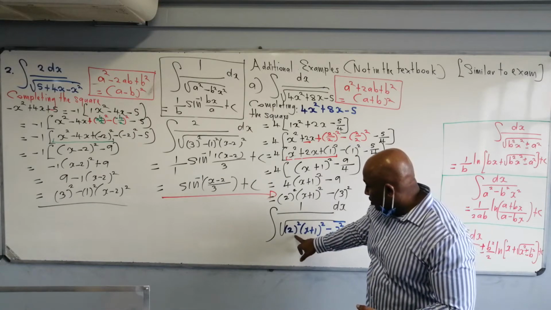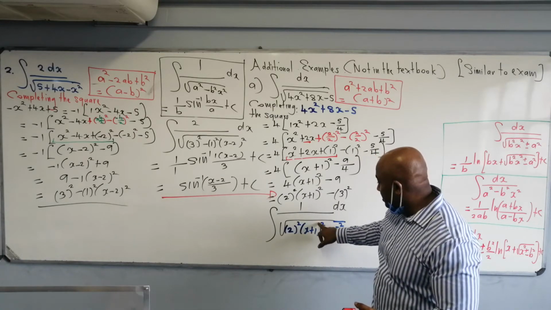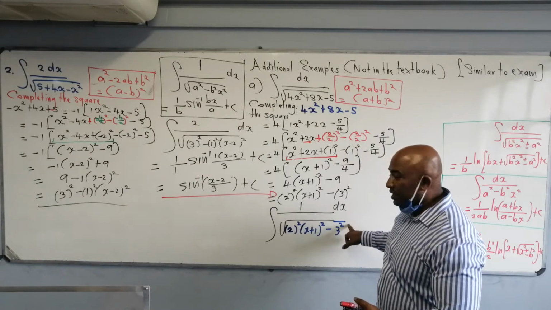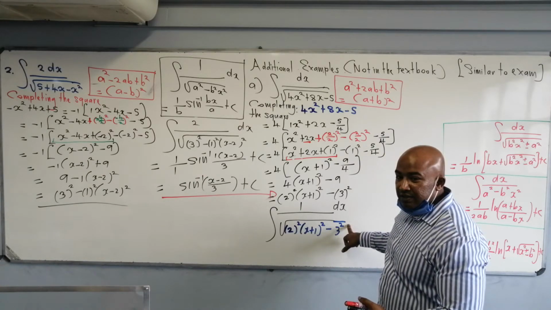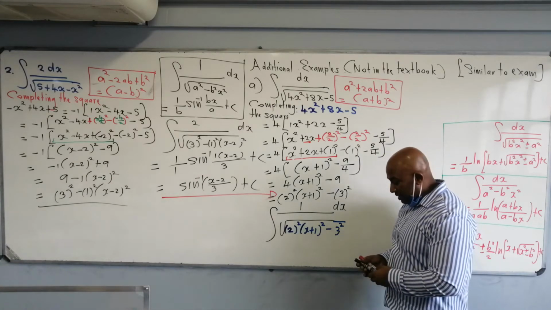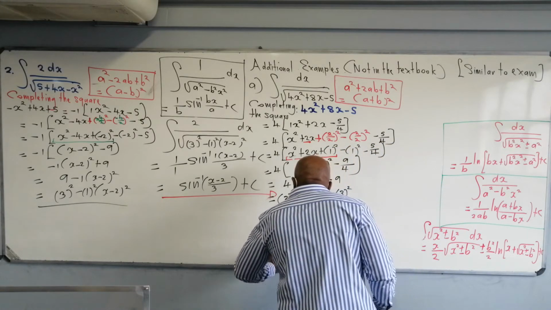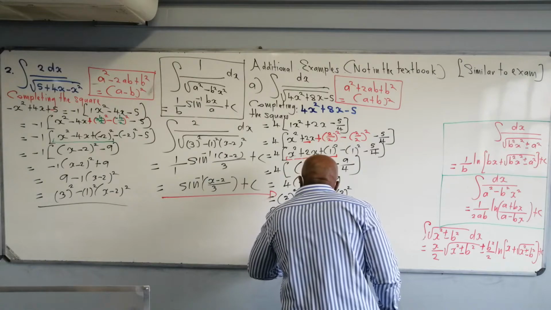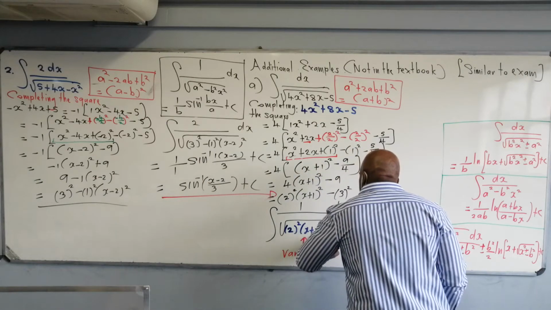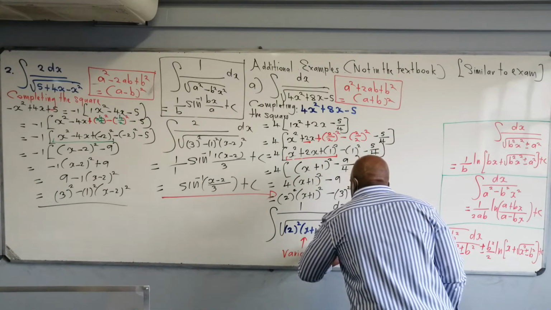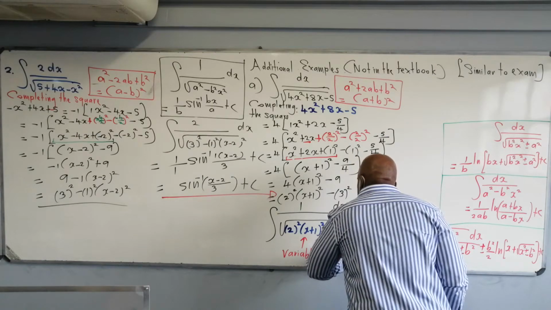We have 2 squared times x plus 1 all squared minus 3 squared. Now the variable is first. So there's your variable here, and this part here is the constant, the number.